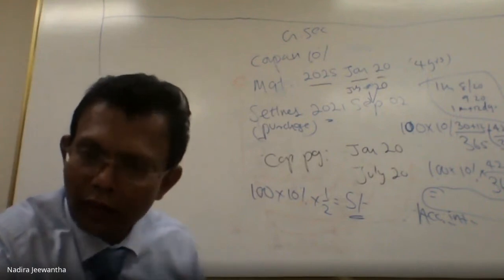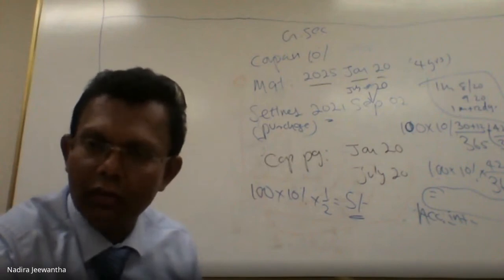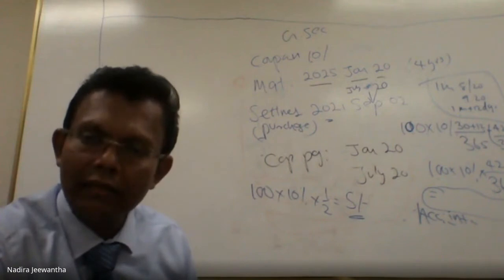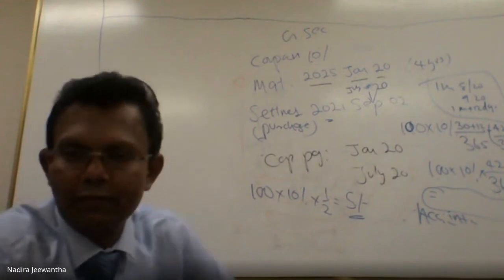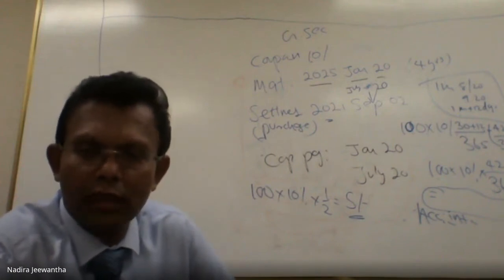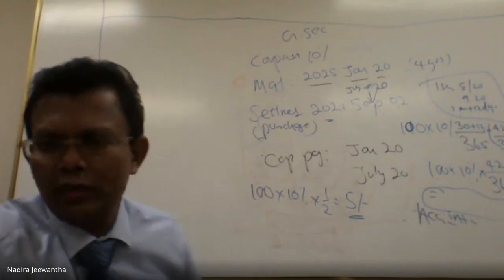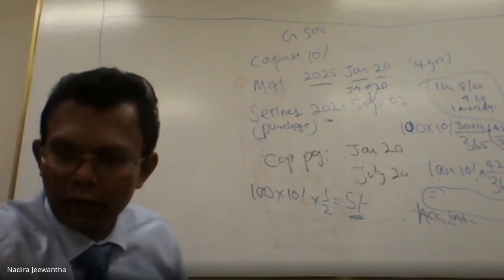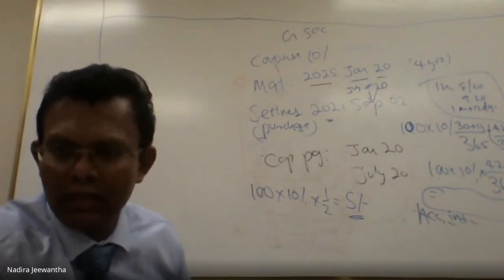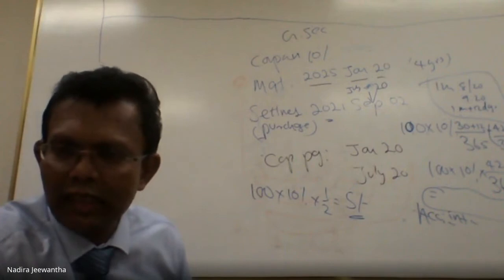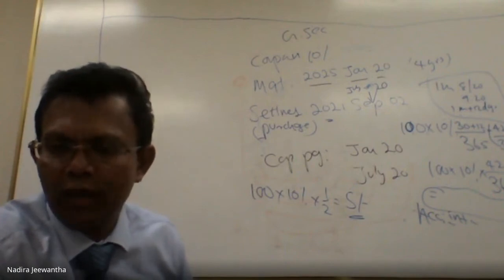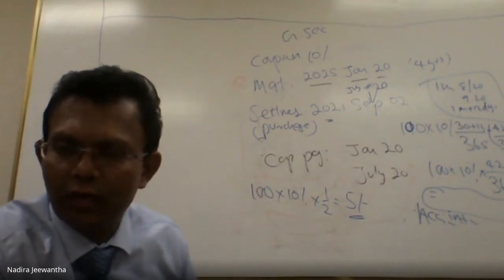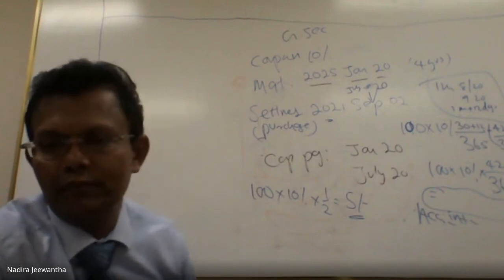So when you calculate the pricing of a government security, especially a treasury bond, the price we get is the dirty price, including the accrued interest part as well.